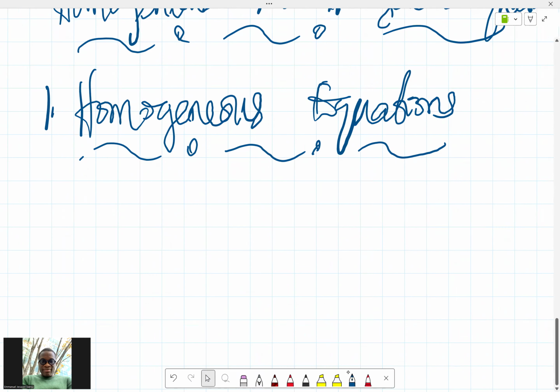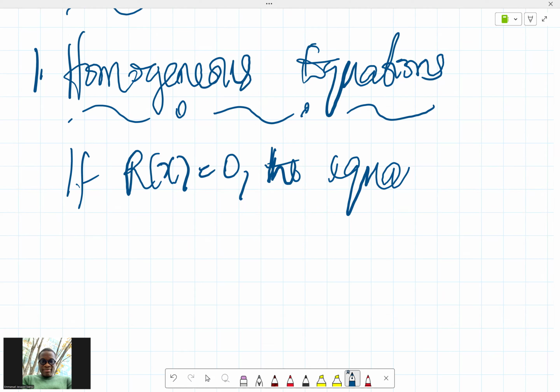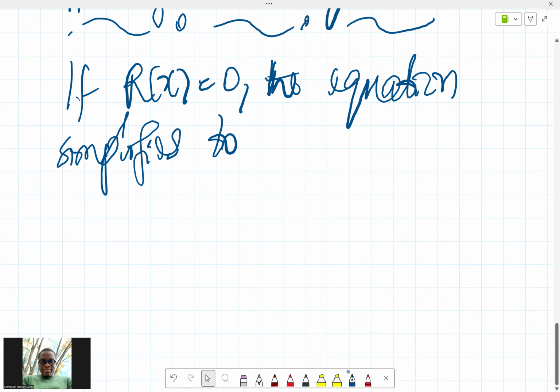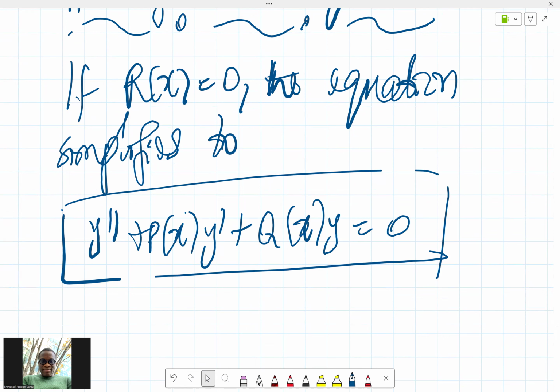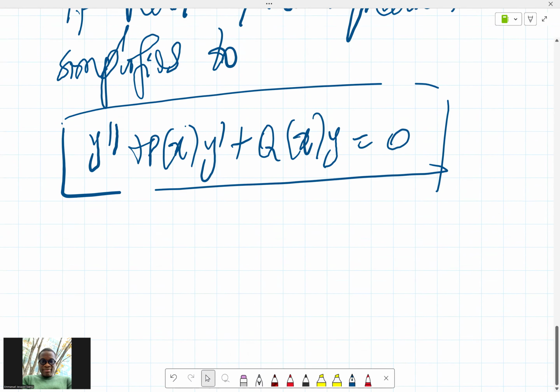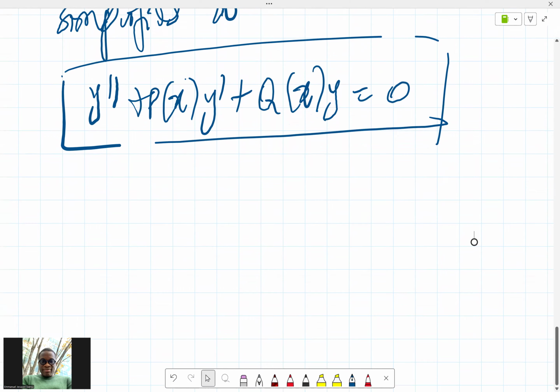So if r of x is equal to 0, the equation simplifies to y prime prime plus p of x y prime plus q of x y equals 0. In this case, we say it is homogeneous.